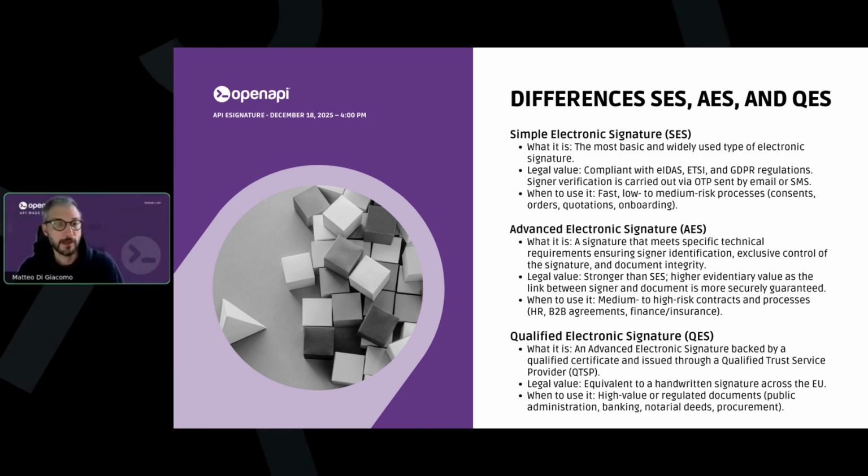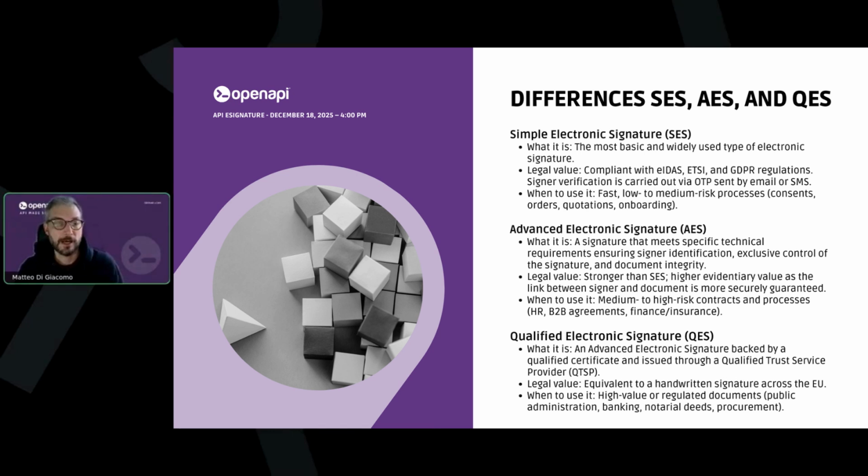With OTP verification through email or text message, it still has a verification of the signer, which gives it compliance with eIDAS, ETSI, and GDPR. What is a simple signature recommended for? For low-risk documents such as consents, estimates, and onboarding.